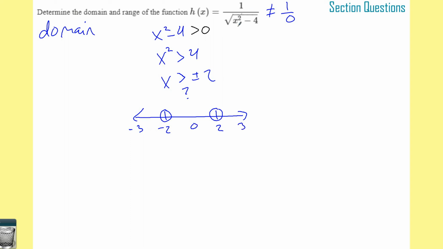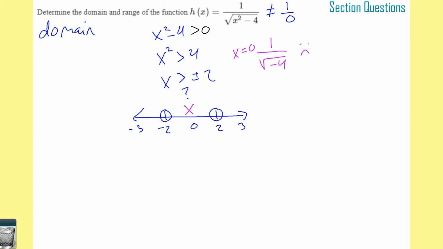What I do then is I can always just plug in values and see if it works. So if I plug in 0, do I get something that works? Well, 1 over the square root of negative 4 is not something nice. So x equaling 0 doesn't work.